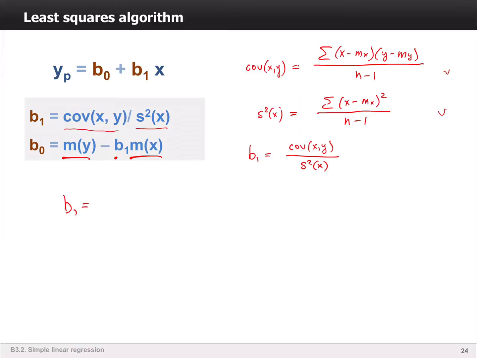B1 is, first you calculate the sum of (x minus mx) times (y minus my), and then you divide it by the sum of (x minus mx) squared. So what you need to do is center x and y values by subtracting the average, and then you need to either multiply the centered x and y values or take a square of x values.